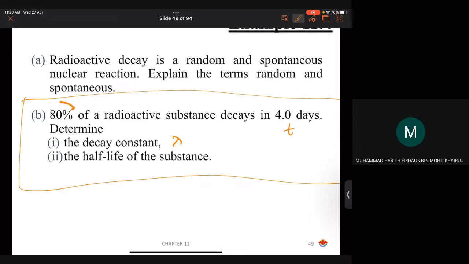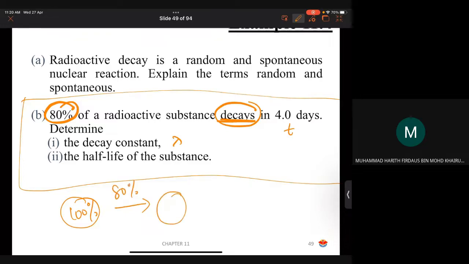80% of radioactive substance decay. So ini bukan N0, ini bukan N, ini adalah N yang telah decay. Faham tak? Katakanlah awak ada satu substance 100%. Dia telah decay sebanyak 80%.